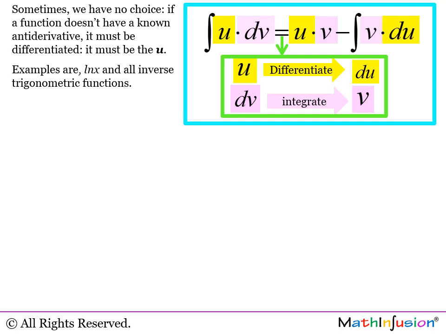Examples are ln of x and all inverse trigonometric functions. So let's take an example with ln of x. So the idea here is that the u has to be ln of x just because I don't know how to integrate ln of x. If I would have known how to do it, I wouldn't need integration by parts.